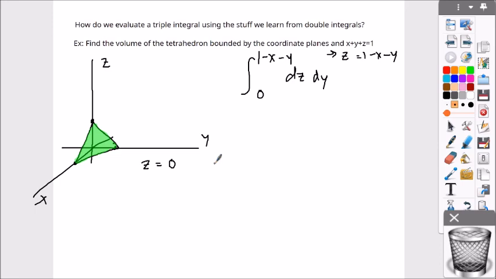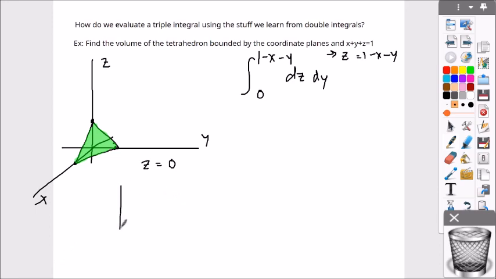Once you've established the dz slices, what do you do next? You project the xyz space that you have into the plane. In this case, we already know that z is equal to 0, so we plug in z equals 0, and what do we have in the xy plane?